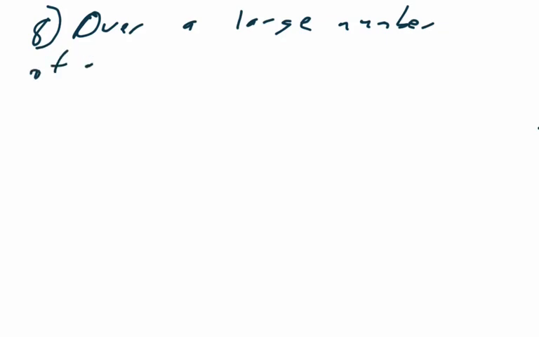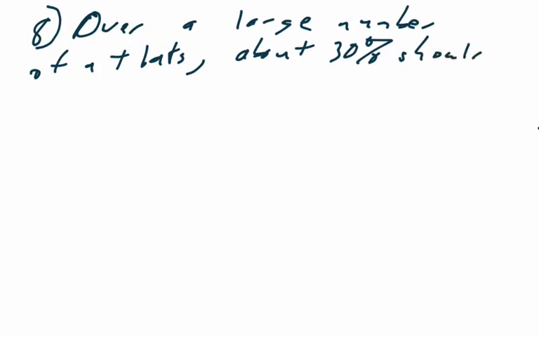Okay, problem number 8 is another one of these describing what happens, and so over a large number of at-bats, about 30% should be hits.